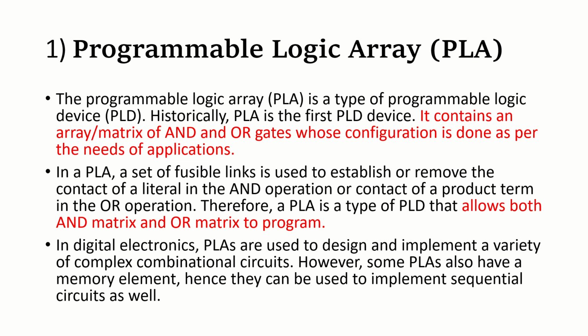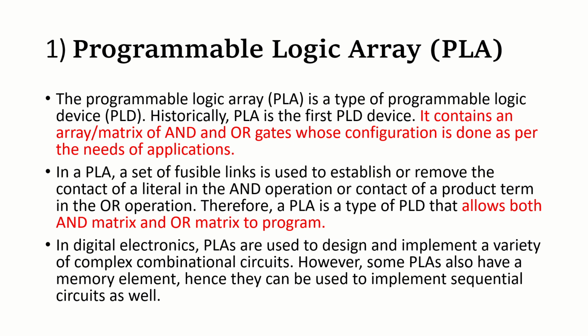You'll understand the difference between PLA and PAL as we go further. PLA allows both AND matrix and OR matrix to be programmed, whereas PAL allows only programming of the AND matrix, whereas the OR matrix is fixed.